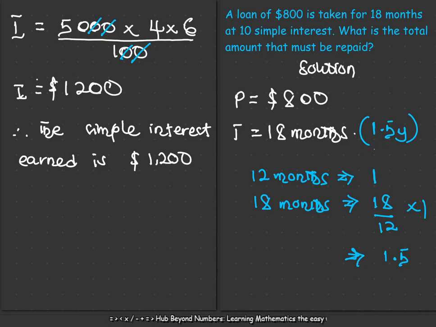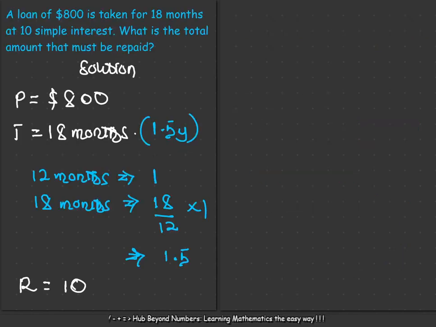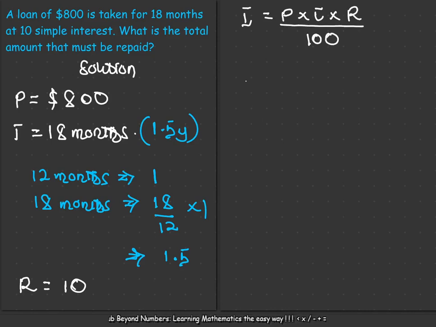You see, then we continue with the remaining parameters. 10% simple interest, that is the rate. So our rate is given as 10. And take note, it wasn't given as a decimal, so we would use the over 100. We quote our formula which says interest is equal to principal times time times rate all over 100.